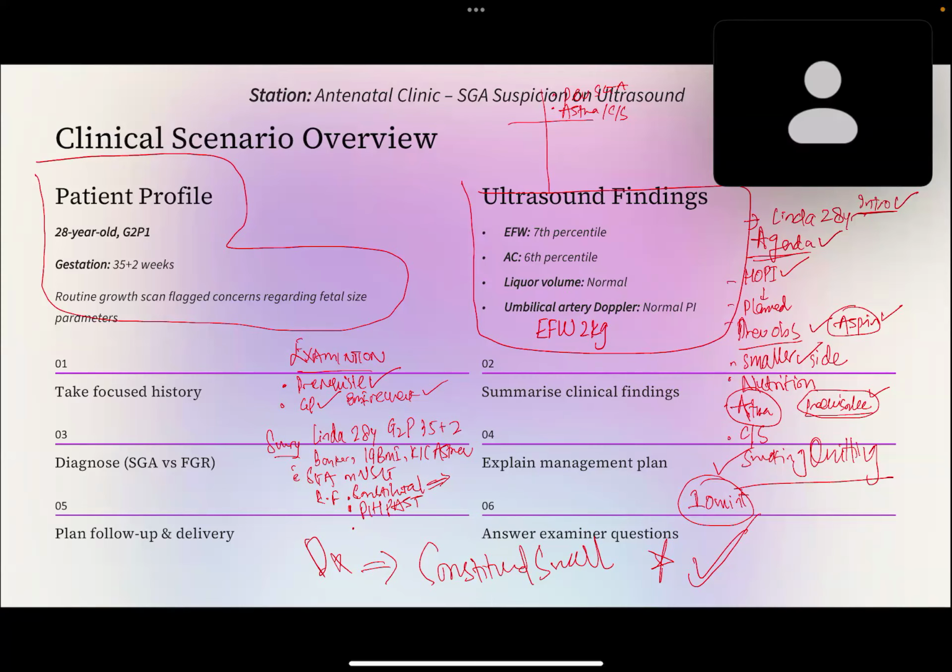We can do a complete blood picture, full blood count, looking at the hemoglobin, the platelet count, and also the WBCs, just to be sure there's no infection. Your hemoglobin is 11 gram per deciliter and platelets are normal. Okay, urine dip as well. There is no proteinuria.